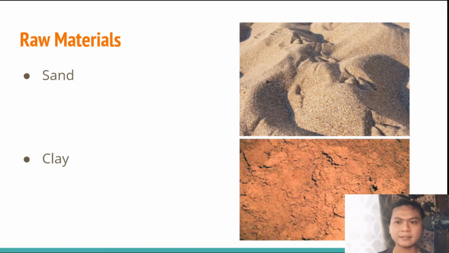And then clay, on the other hand, is this red-like soil. Clay can be found in the deeper portions of the soil, and in quarries where you have those kinds of equipment, it's not impossible to get this clay into processing.